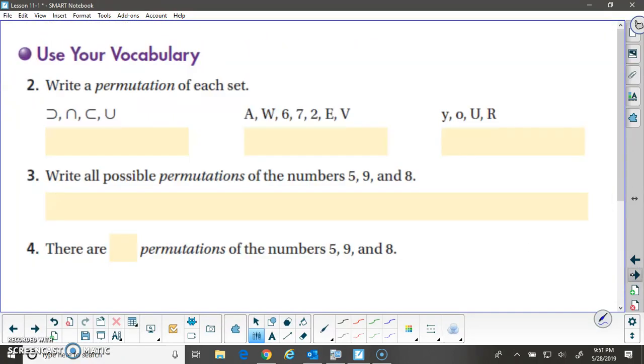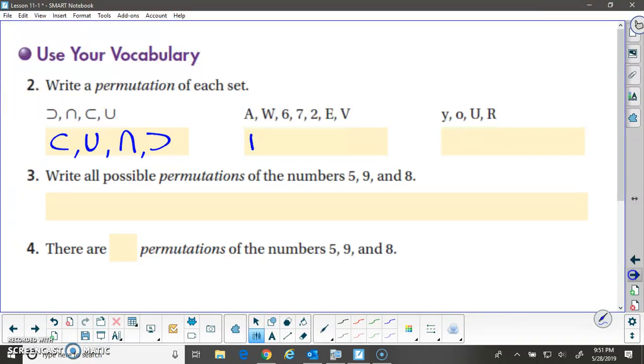So using our vocabulary, it says write a permutation for each set. This first one, there's a permutation because it represents an ordering from those objects.